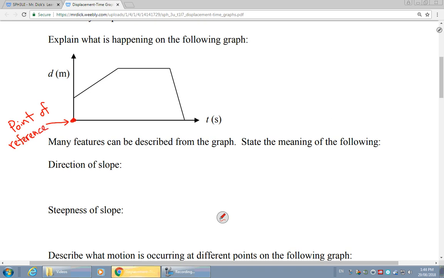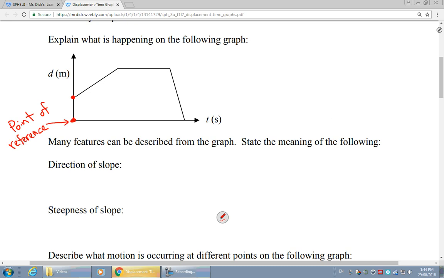That's our point of reference. So if I say that my position is 24 meters east, what I really mean is it's 24 meters east of some particular point in space that I have called my reference point. And so this is the actual starting point for the object's motion, and it would be some number of meters away from the original reference point. We just don't need specific numbers in this case to at least see what's going on.